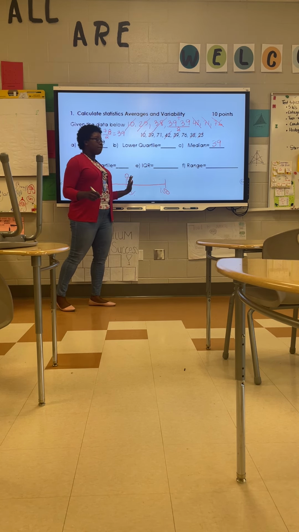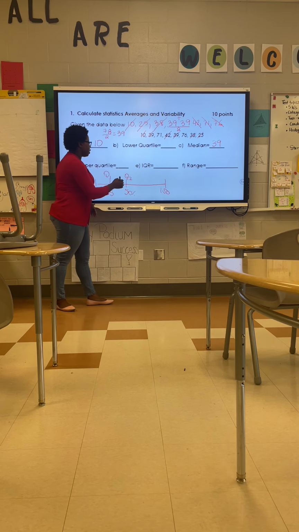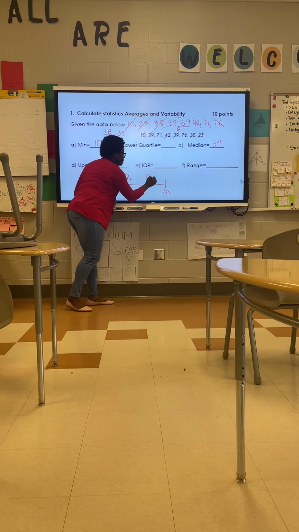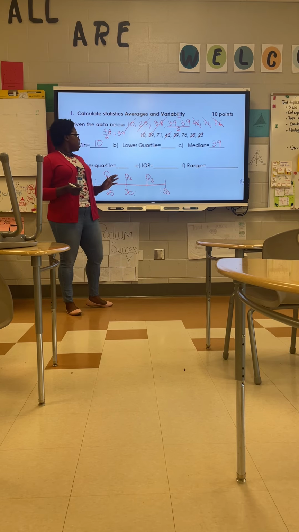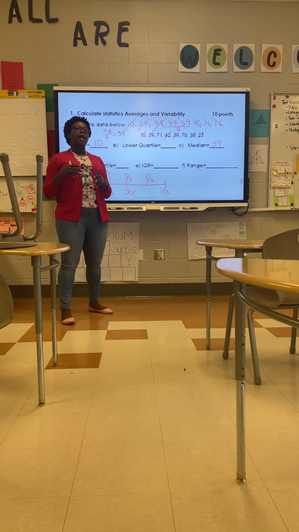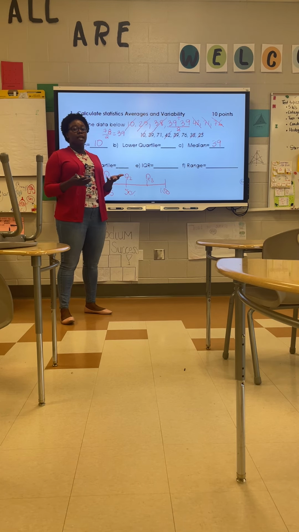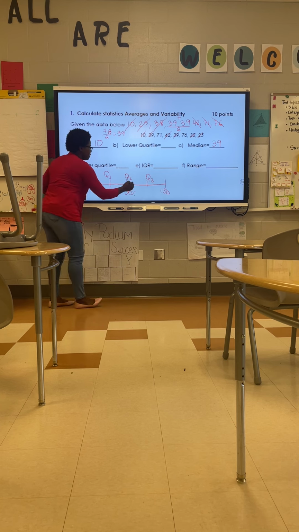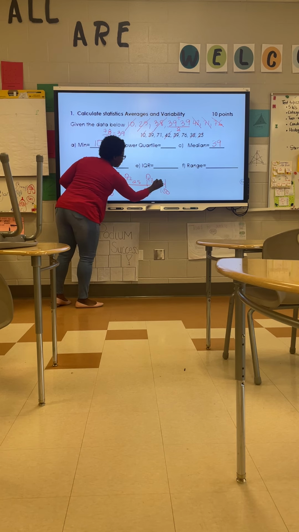If you find half of your upper half, that's where your Q3 is located, and that's basically your upper quartile. So the quartiles help us to find the interquartile range, which is the innermost 50% of your data. So this is 25%, that's 25, that's 25, and that's 25.